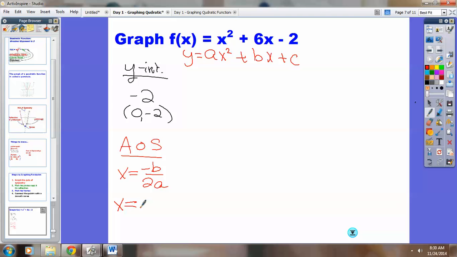Now, remember for our vertex, I said you could use that big formula. It's pretty ugly, isn't it? It doesn't look too bad, but it's just a matter of plugging in. But there's an easier way. We have the x value of our vertex right here. x is -3. If we plug -3 back into our function, that's going to give us the y value of our vertex. And that's what we're going to do next. Find our vertex.